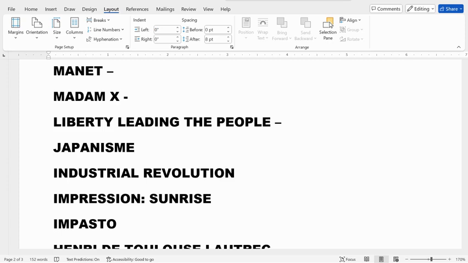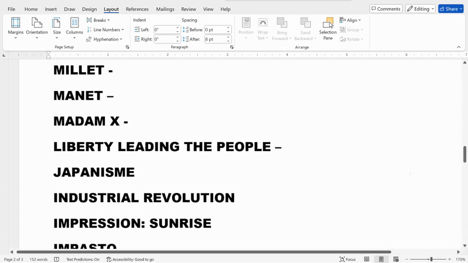Remember how he flattens his women? Luncheon on the Grass or Olympia or the Execution of Maximilian. Those are all very flat paintings.